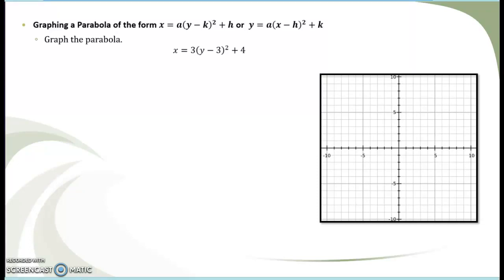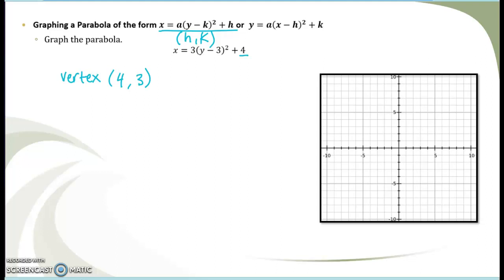And the vertex is going to be at (h, k) again, but now we have this form right here. So our vertex is at 4, because there's our h, and then 3, because that's our k value right there.